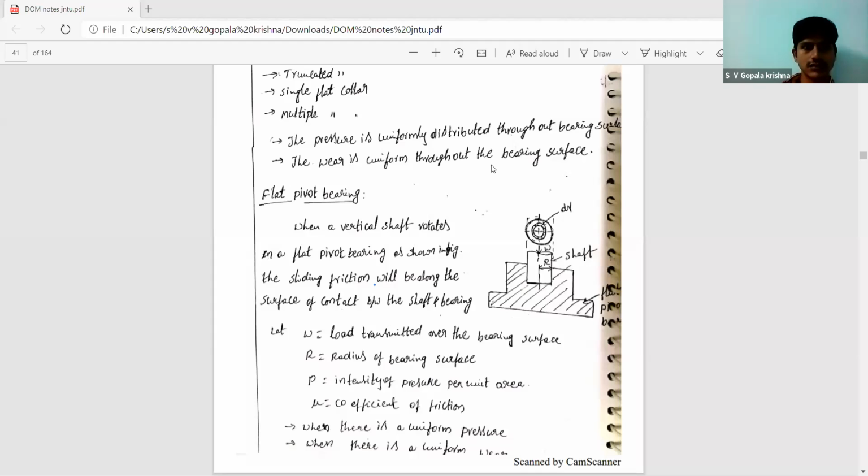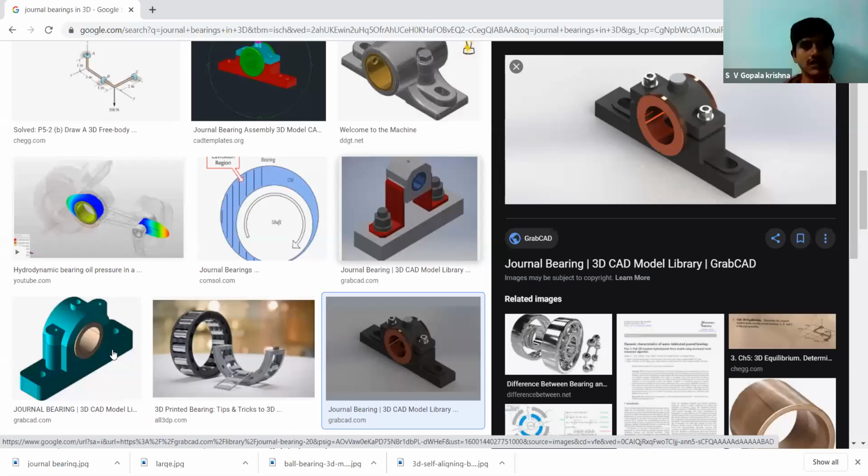The journal bearing images are there. We discussed in class that the outer element is called the bearing, and the inside element is called the journal. Similarly, in our earlier derivation, that is the structure.